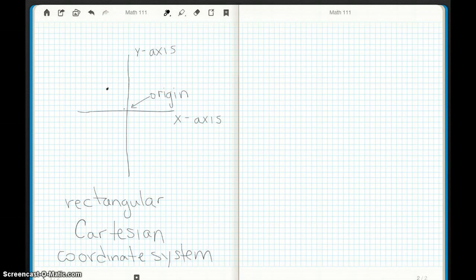Rectangular because notice that the units we're going to use to describe how to reach that point are given by rectangles. I mean, they're literally squares, but at the very least it's rectangular.